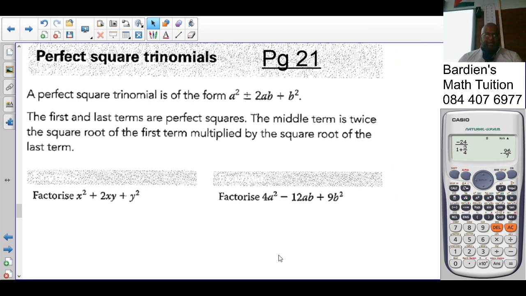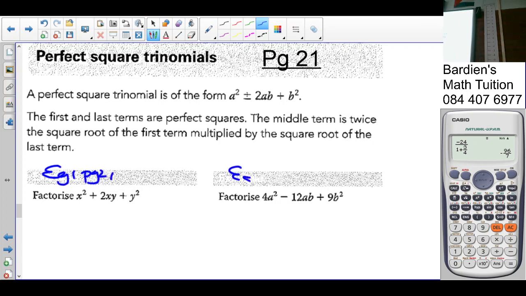Right. So the first and the last term are perfect squares, we are told, which we knew already. The middle term is twice the square root of the first term multiplied by the square root of the second term. Remember the rule we discussed last year. Example 1 on page 21: if the first term is a perfect square, what's the square root of x squared?